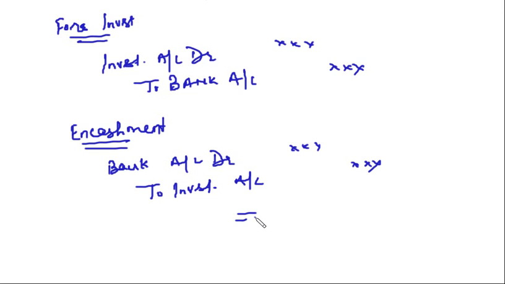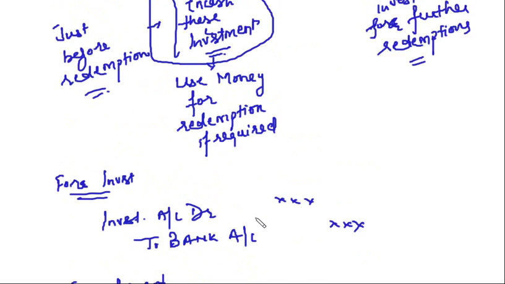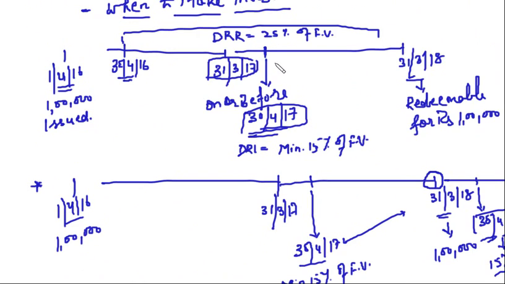Remember the amounts to be transferred. In case of DRR, it is minimum 25% of face value. Remember this face value, it is very important. Then in case of DRI, it is minimum 15% of the face value of debentures to be redeemed. And when is this investment to be made?